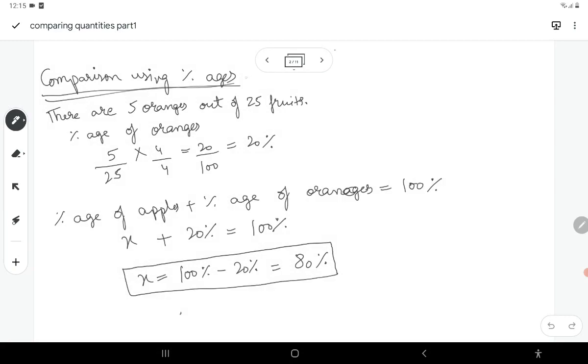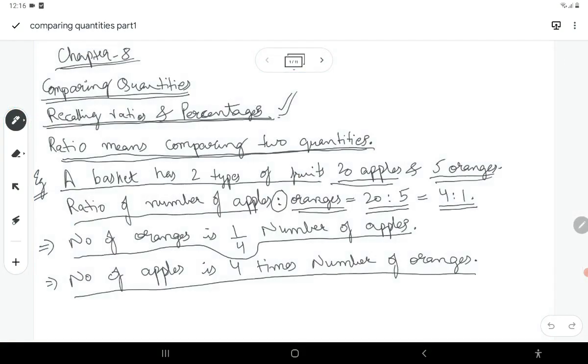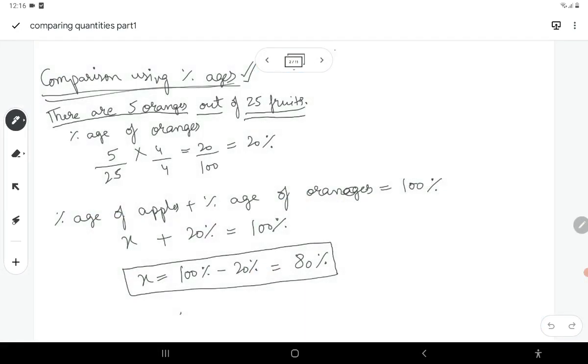Now let's see the comparison using percentages. There are 5 oranges out of 25 fruits, which was 20 apples and 5 oranges. So what would be the percentage of oranges? It would be the number of oranges divided by the total number of fruits, multiplied so that the denominator becomes 100, as percent means per cent, and cent is 100.